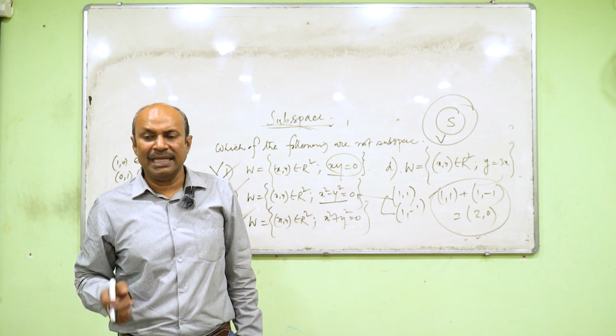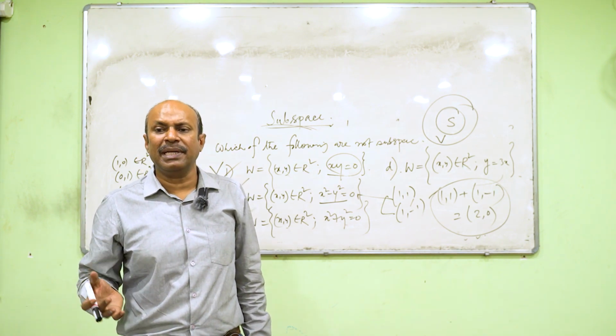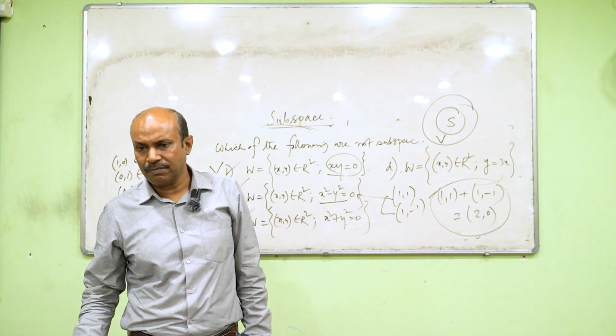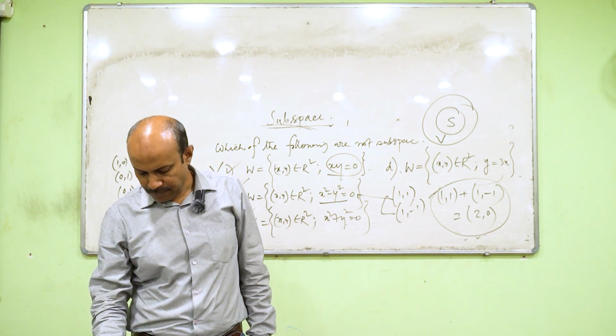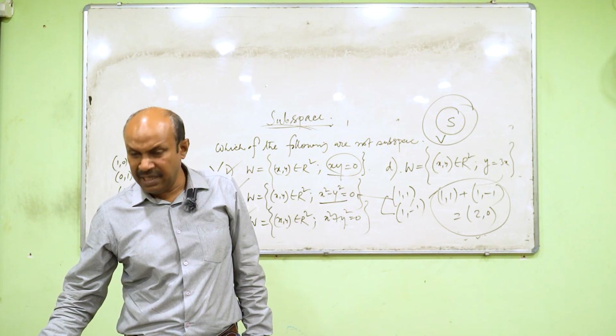If you show that A alpha plus B beta also belongs to capital W, then capital W is a subspace. Anything else?